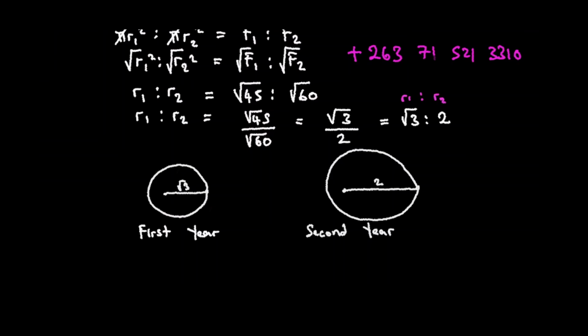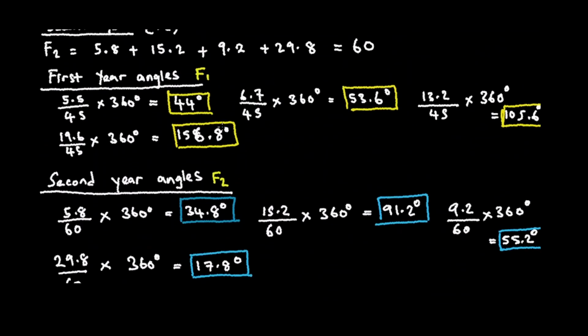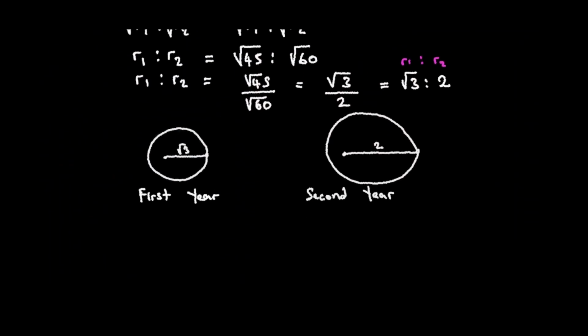After that we start using the angles we found for the first year and the second year to complete our pie charts. So I'm going to leave this exercise to you: Africa, Europe, America, Asia, however it is represented, using your math set instruments to construct accurate angles. Once we have done this, we have answered the question.